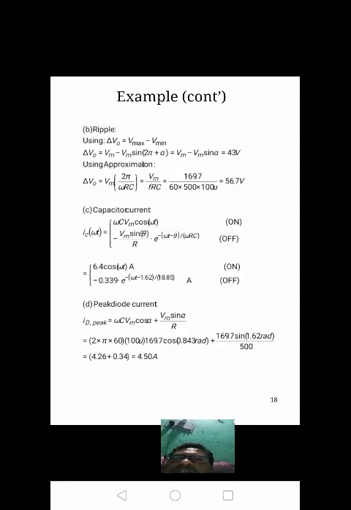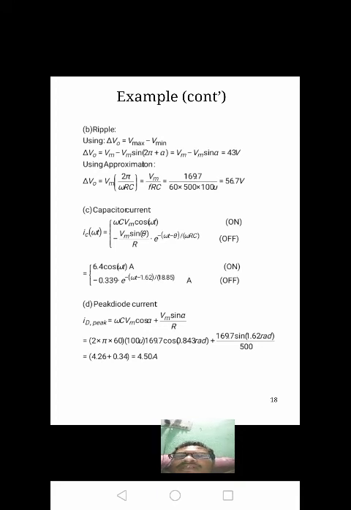Ripple voltage. Here we have the formula: ripple voltage delta V0 is equal to V maximum minus V minimum. Delta V0 is equal to Vm minus Vm into sin of 2 pi plus alpha, that is Vm minus Vm sin alpha, which is equal to 43 volts.